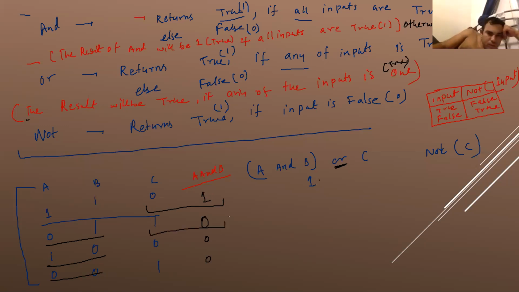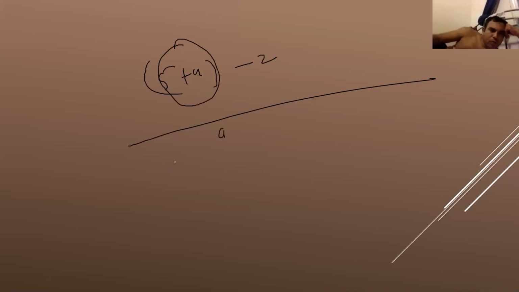The result of A and B, then another expression C. It is just like writing 5 plus 4 minus 2. First of all, you will evaluate 5 plus 4 and then you will evaluate this.